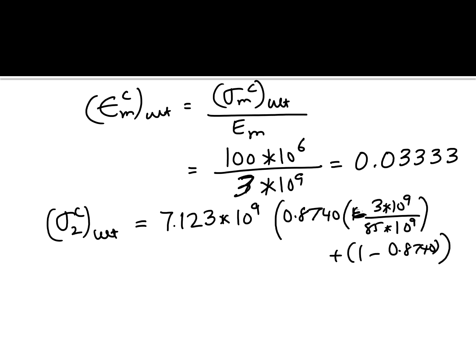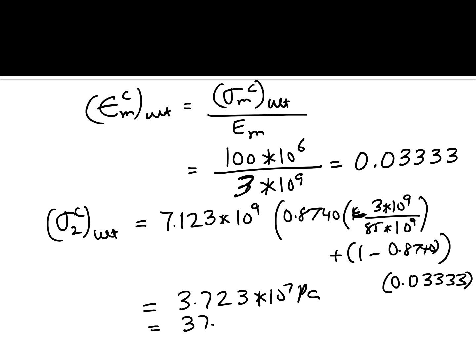And this whole thing multiplied by the ultimate strain in the matrix in compression, which we just found out to be this value. So once we do all of that, we get 3.723 times 10 to the power 7 pascals, which is basically 37.23 megapascals.